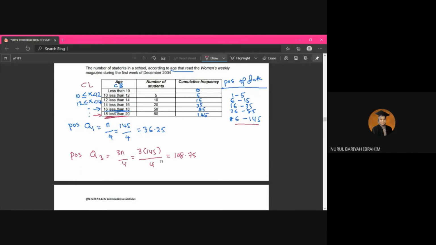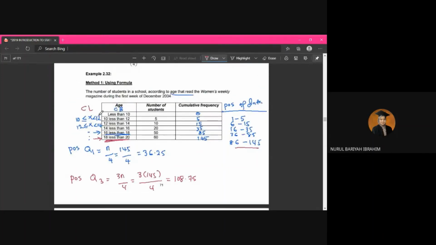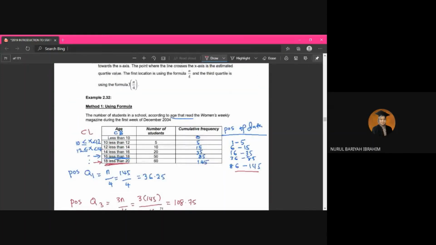But if you punya classes not overlapping classes, contohnya you punya classes buat kat sini, you punya class limit, okay, let's say class limit 10 to 12, okay, 13 to 15 and so on.